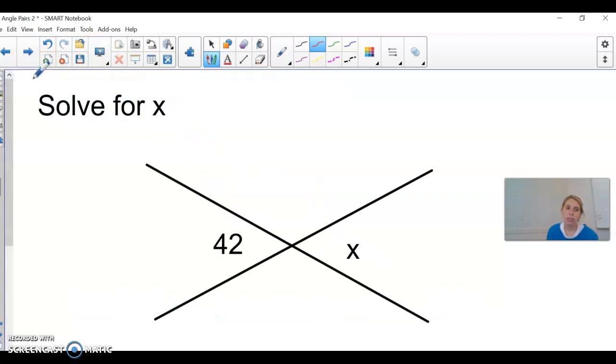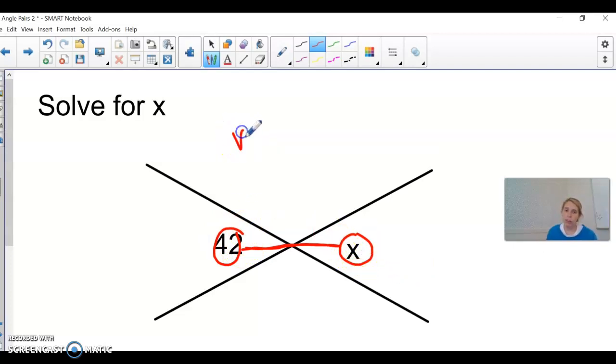Sometimes you may be asked to solve for a missing angle, and you need to look at your angle relationships to see if you have a relationship that can tell you whether or not they're equal to each other or how to solve them. In this case, we have 42 and we have x. If I draw a line through them, I can see that 42 is on the opposite side of x.